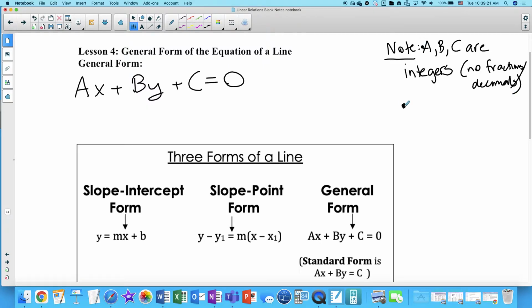The other thing that's important is the A value, which is the coefficient of X, and A specifically has to be positive. Okay, so that's the second thing. Another thing that we can see from the format is that one side of the equation equals 0.